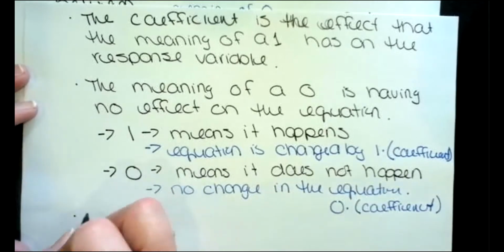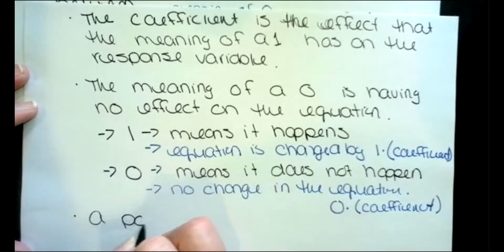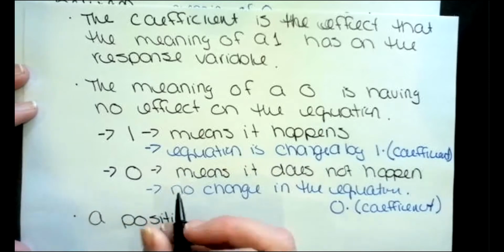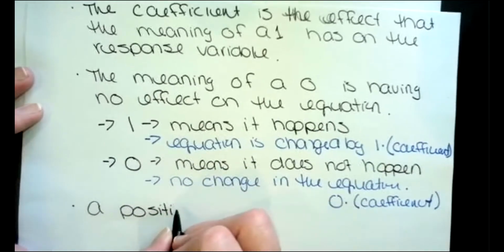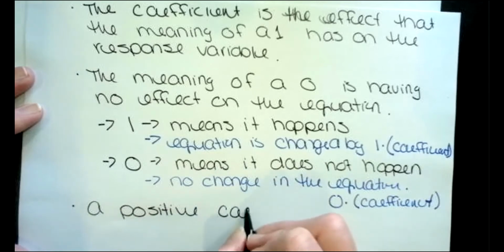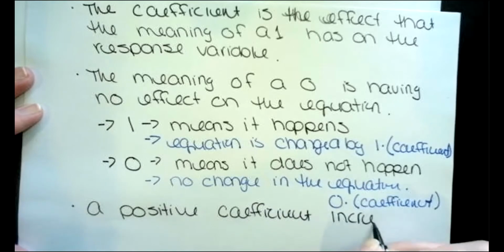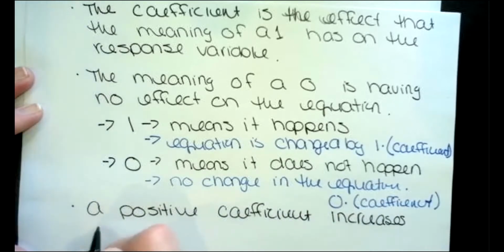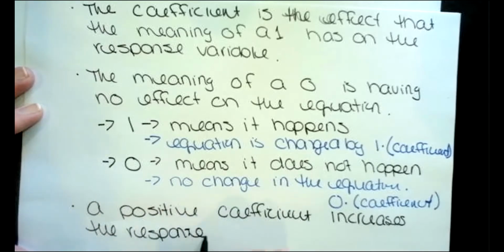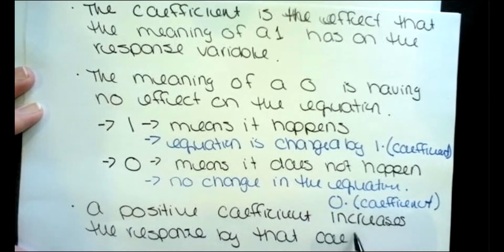And I'm just going to write that down. I just like to have it all written down so we all have it here. A positive coefficient increases the response variable by that coefficient amount or value.